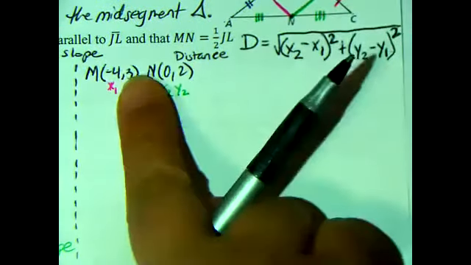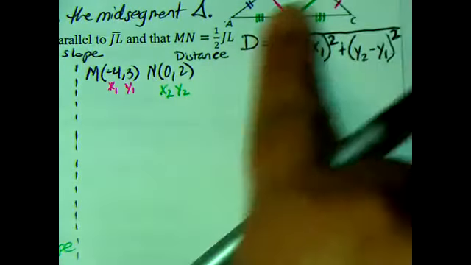So how do I make this work for me? Whatever I labeled these as, I'm going to plug them into my formula.